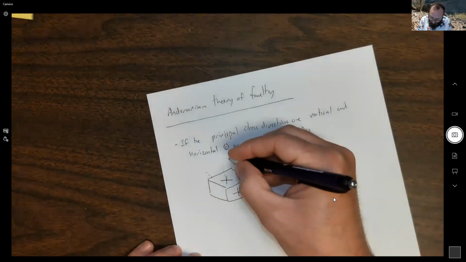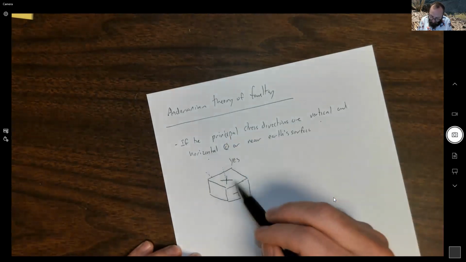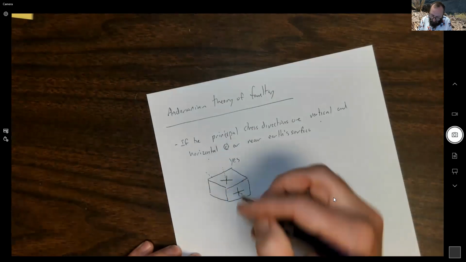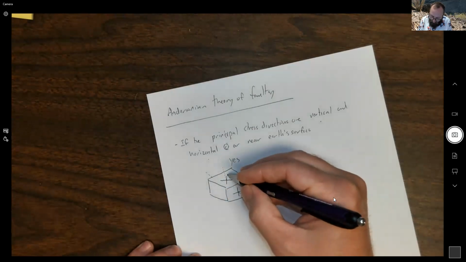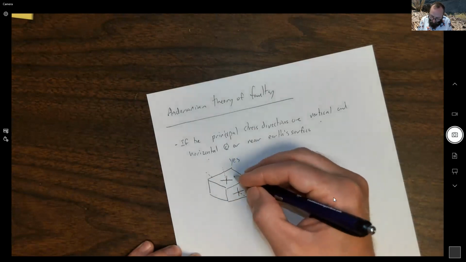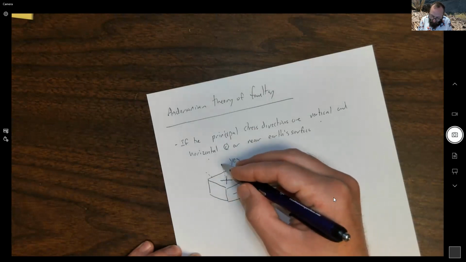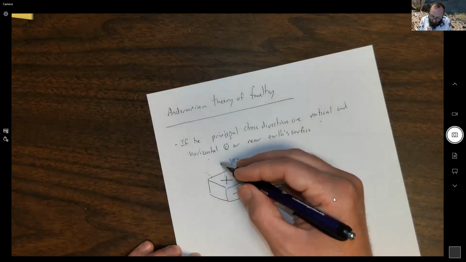These are oriented vertically and horizontally, depending on whether sigma 1 and sigma 3 are in the horizontal plane and sigma 2 is vertical, or sigma 3 and sigma 2 are in the horizontal plane and sigma 1 is vertical.